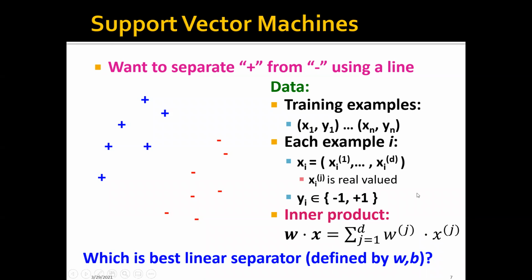So the problem is, which is the best linear separator? This linear separator is defined by W and b, so we're asking what is the best W and b. Should it be this linear separator, or this one, or this one? We also call this linear separator the decision boundary or separating hyperplane.